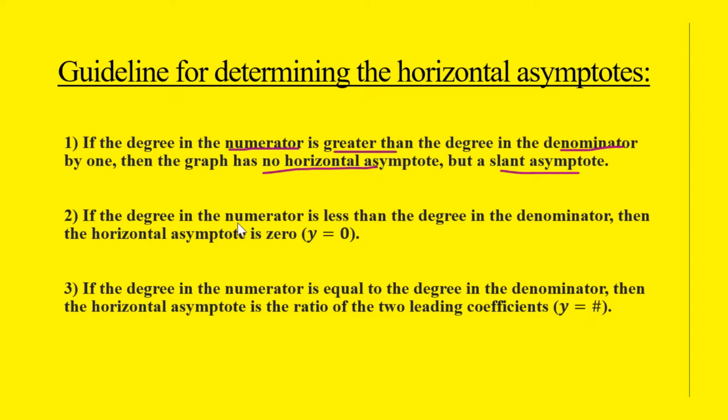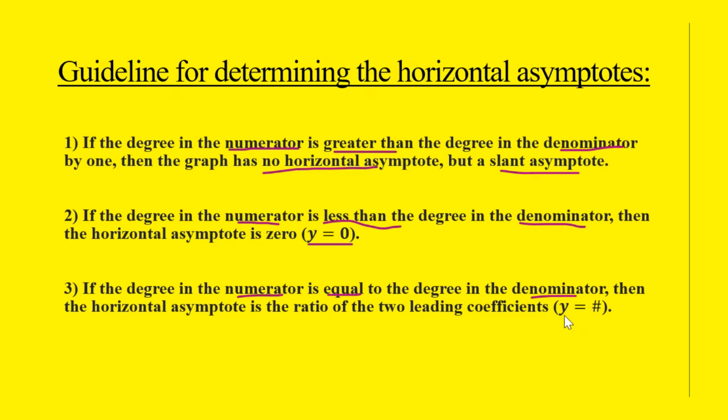The second condition is if the degree in the numerator is less than the degree in the denominator, then the horizontal asymptote is going to be at y equals 0. Then the third condition, if the degree in the numerator is equal to the degree in the denominator, then the horizontal asymptote will be the ratio of the leading coefficients of the numerator and the denominator.